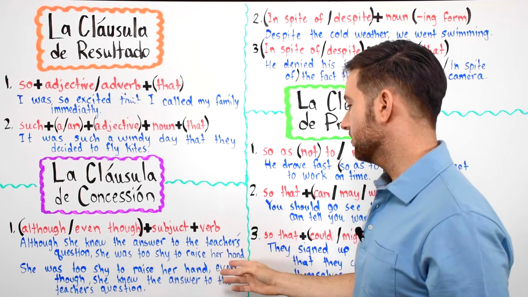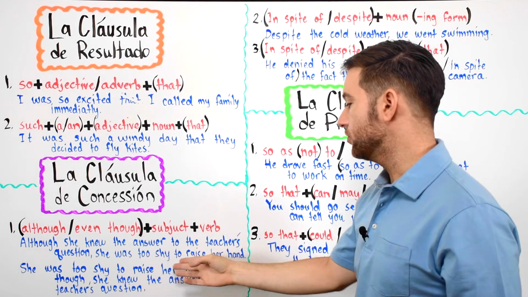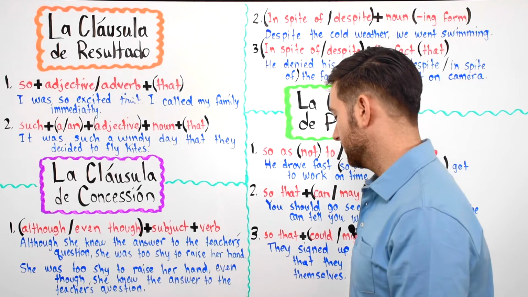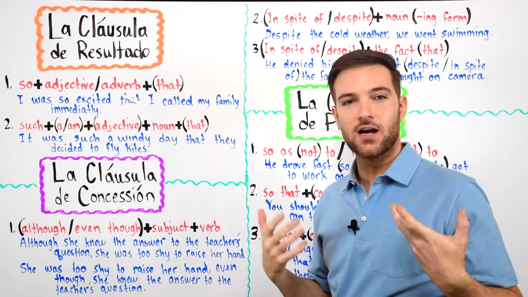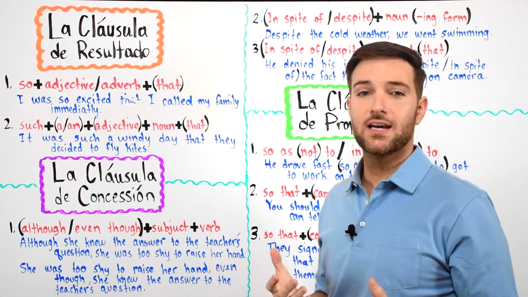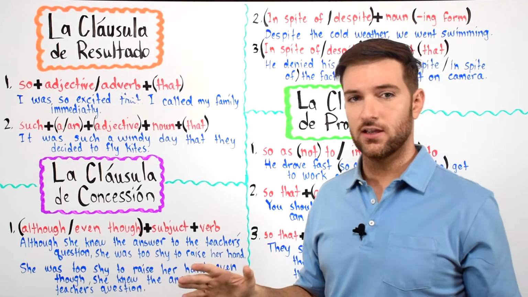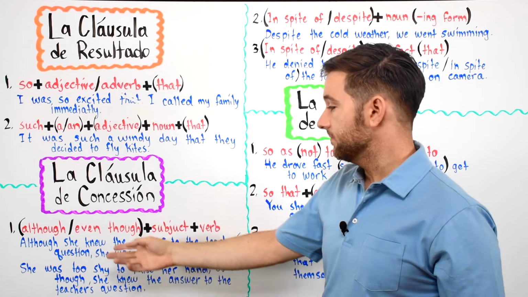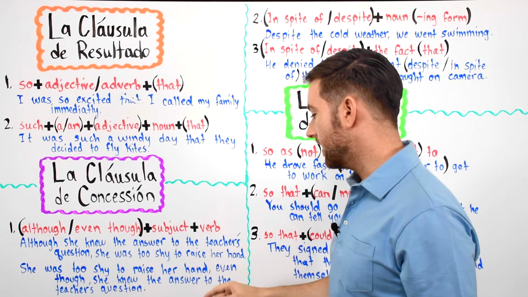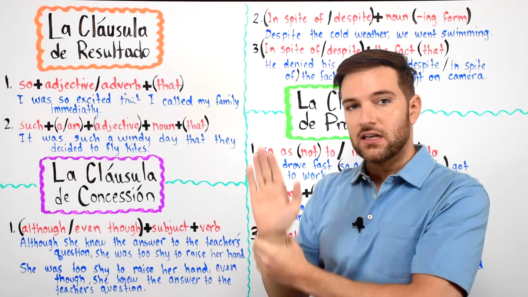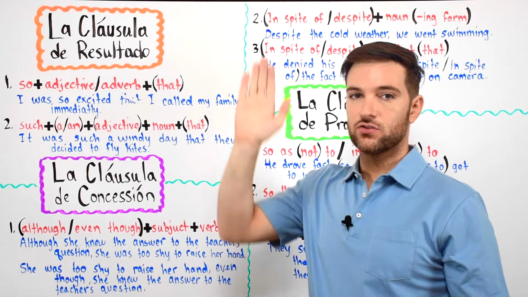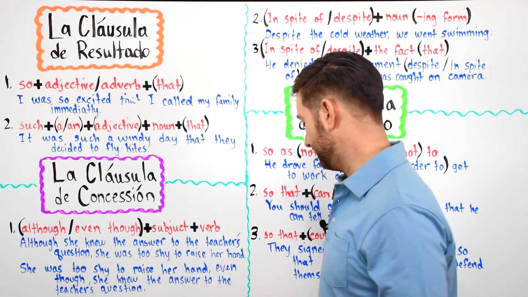Although she knew the answer to the teacher's question, she was too shy to raise her hand. Shy is like, you know, when you're not confident. Oftentimes, little kids, they're very shy. In this case, the girl, she is too shy. She's too shy that in class she doesn't raise her hand, right? So this is to raise your hand, like in school.